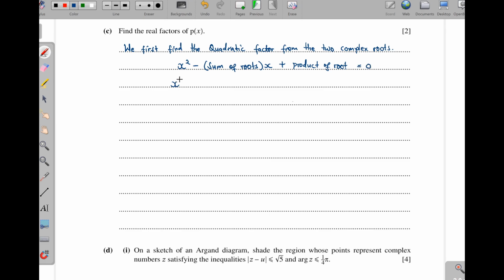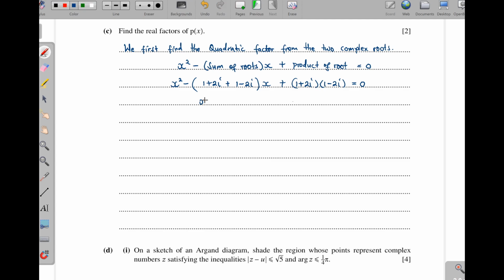Now we shall have x squared minus the sum of the roots. We have 1 plus 2i, then plus its conjugate is 1 minus what? 2i. Then plus the product. So we have 1 plus 2i, then times 1 minus 2i is equal to 0. When we add, of course, the imaginary part will go. Then you remain with the real part.